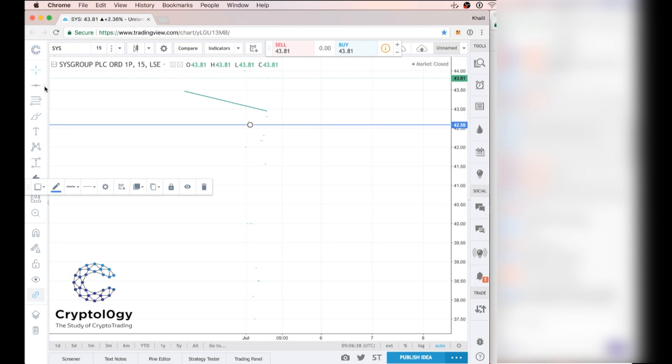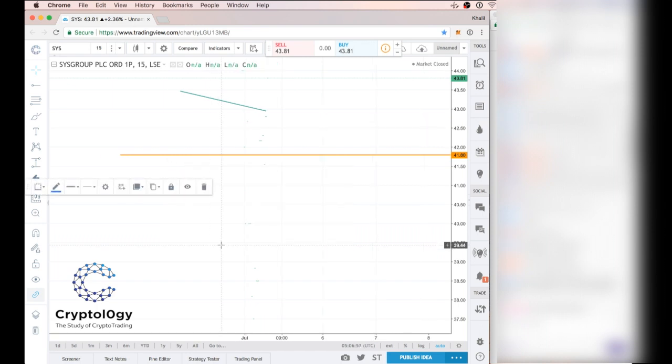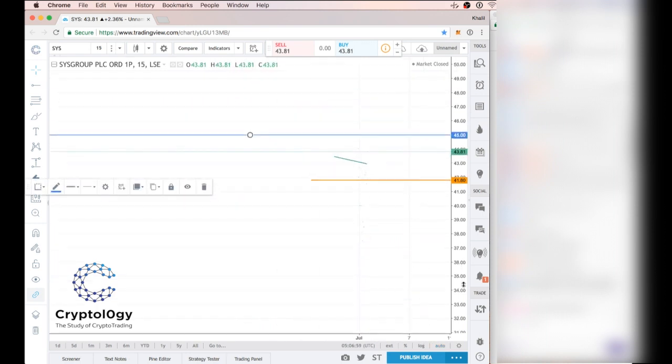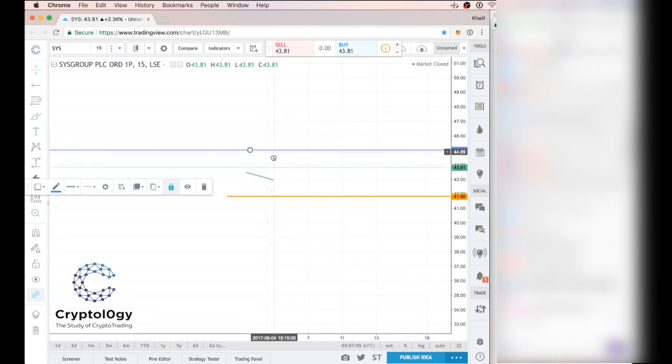You can also use horizontal ray, which will draw it from one point, and you notice this will give you the price where you're putting it at. You can also go in, double click it, and adjust the coordinates. Like you can put 45 for more accuracy. You see that? Just go straight to 45, and then you can also lock it so you don't move it by accident.